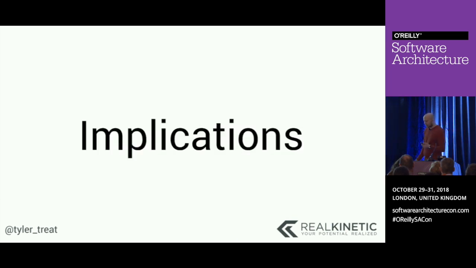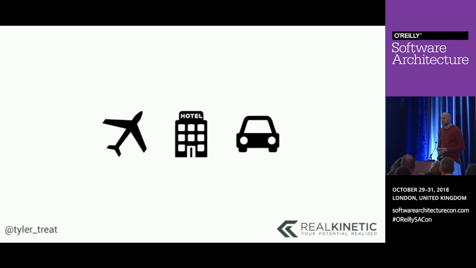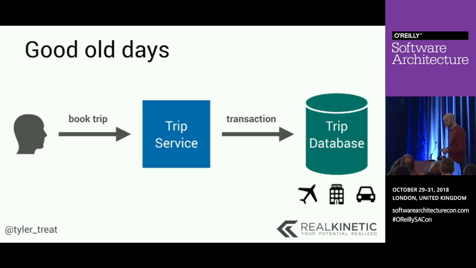I want to walk through some of the implications of moving to that more distributed type world, using this example of a travel agent service. With the monolith, things were good, right? We have our trip service, and it's backed by a database. We have that client-server interaction.